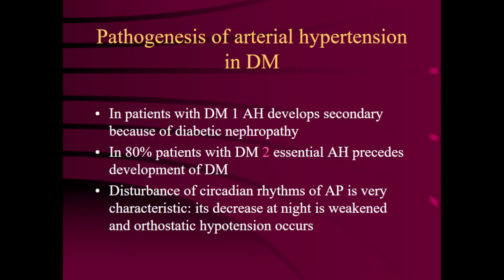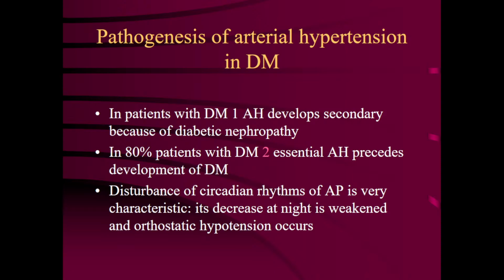And pathogenesis of arterial hypertension in diabetes. In patients with diabetes mellitus type 1, arterial hypertension develops secondary because of diabetic nephropathy. Diabetic nephropathy is the most significant cause of arterial hypertension in such patients. In 80% of patients with diabetes mellitus type 2, essential arterial hypertension commonly precedes development of diabetes mellitus.